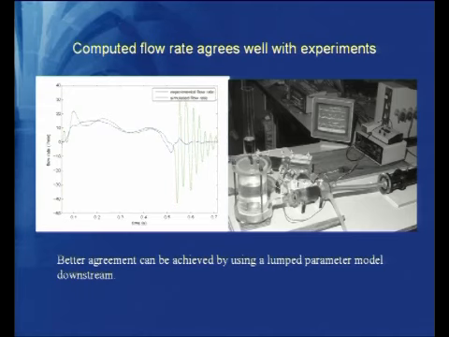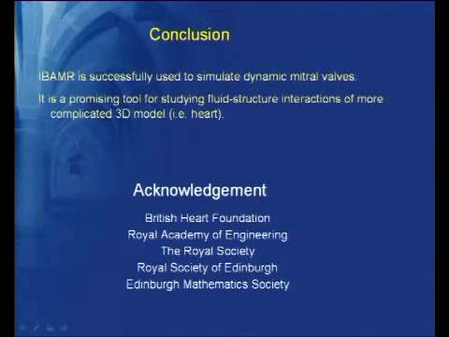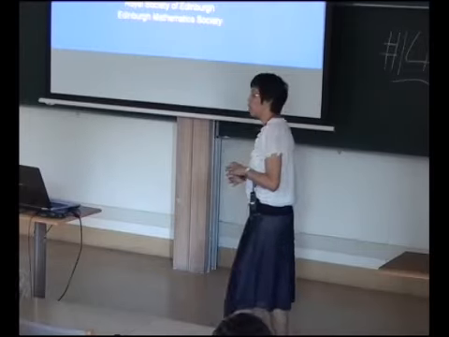This is quite good, considering that we don't have a Windkessel model downstream, and the experiment has a compliance chamber. So we need to build a better downstream condition to damp out oscillation. This peak here is because we are pulling the valve in the heart, and in the experiment they just fix it in space. We can do another simulation with a fixed point, and we think we can get even better agreement.